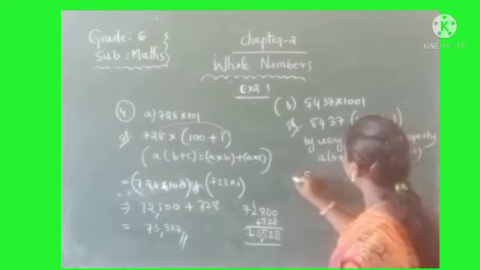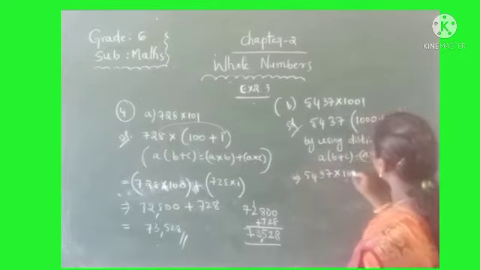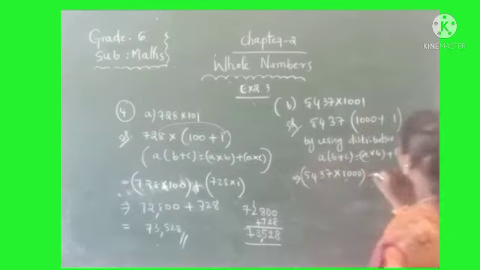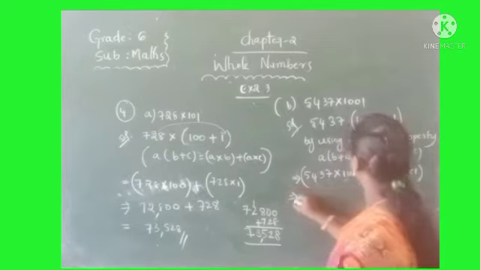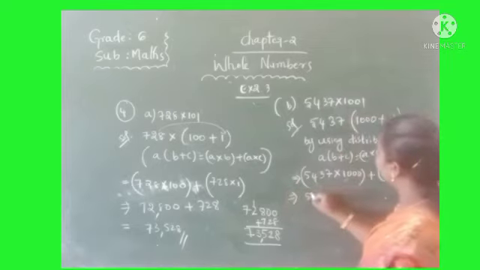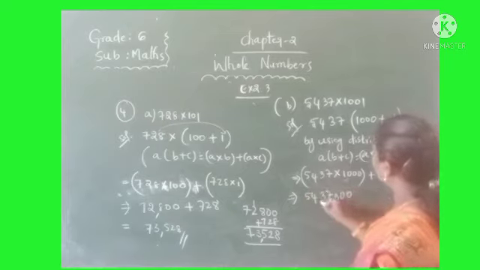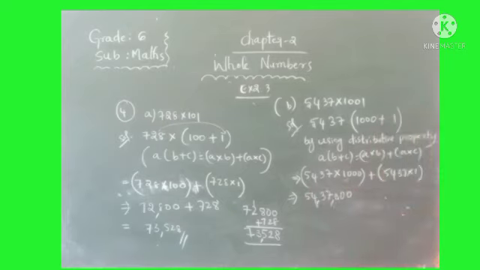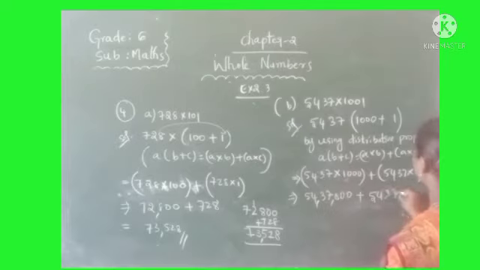Now here, 5,437 into 1000 plus 5,437 into 1. Now 5,437,000, that is 54,37,000, plus 5,437.